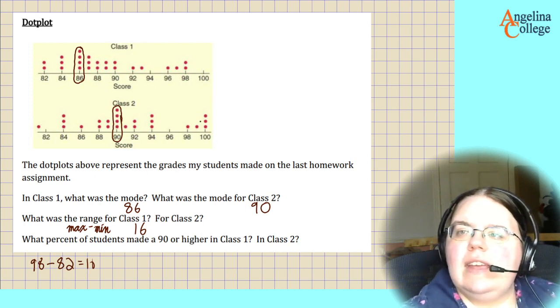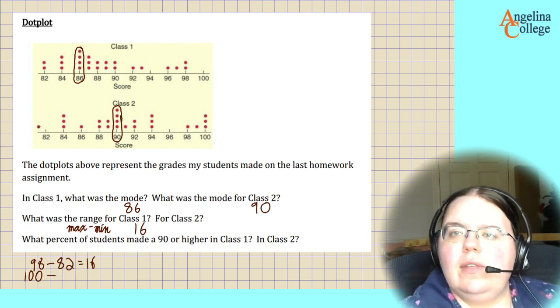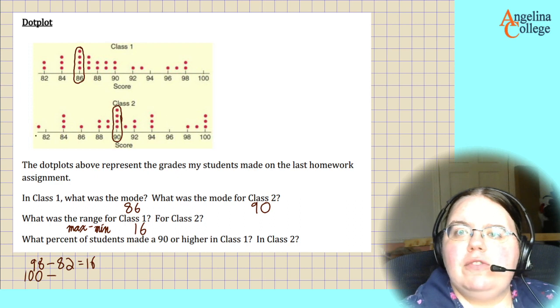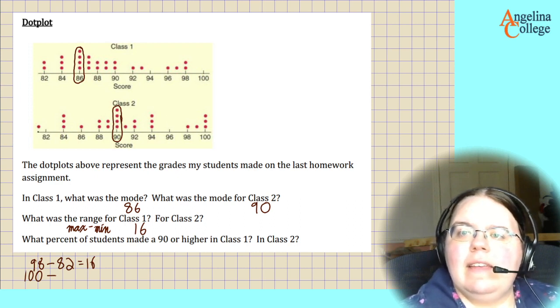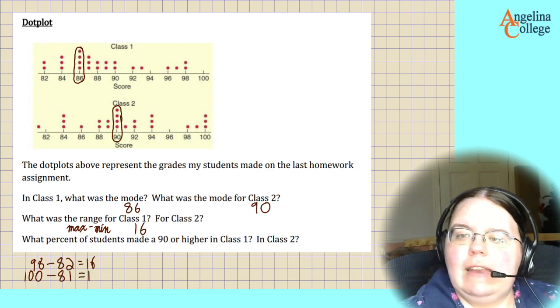Okay, so let's see. The maximum was 100, and then the minimum, well the furthest to the left dot is not actually above a number, but I see it's a step over from 82, so I'm going to read that as 81. So then 100 minus 81 would be 19.